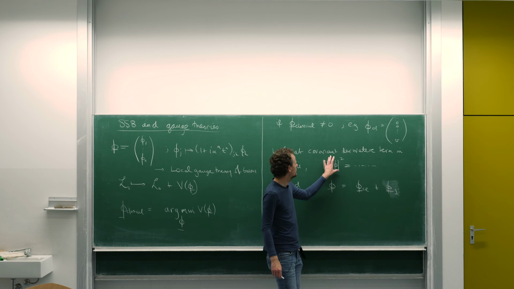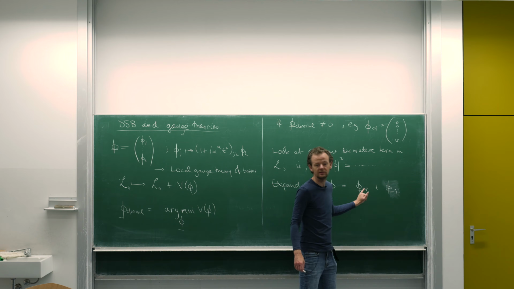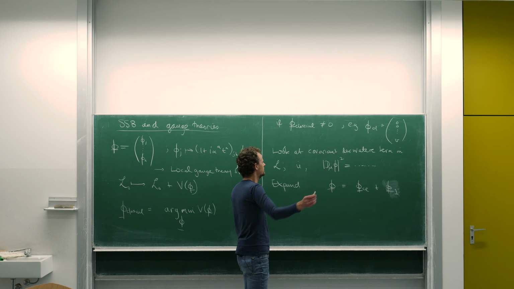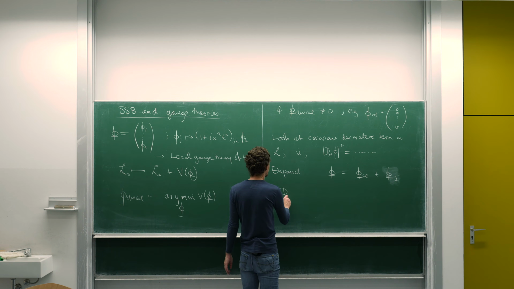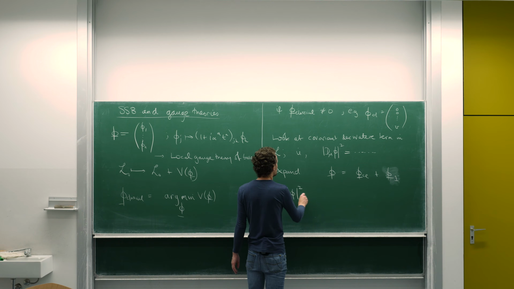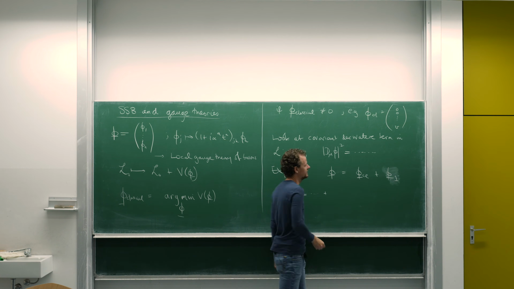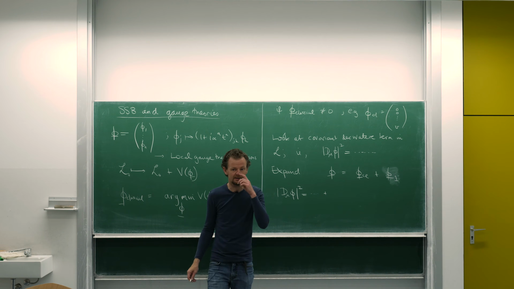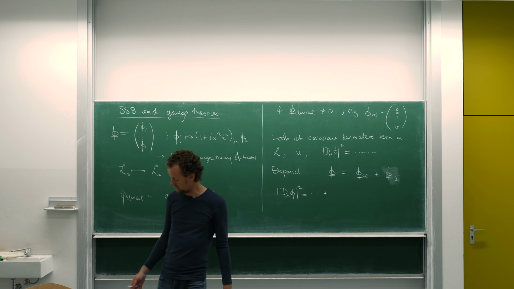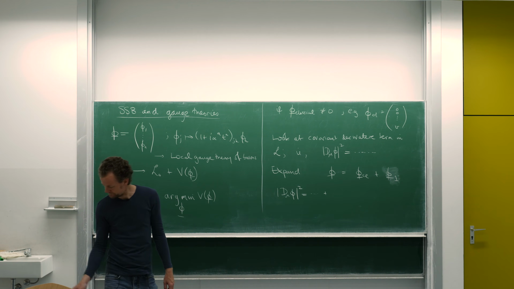You expand the covariant derivative term around this classical configuration here, then you get lots and lots of terms, of course. But you crucially get one very interesting term, and that's this mass matrix term. We counted that in the previous lecture.